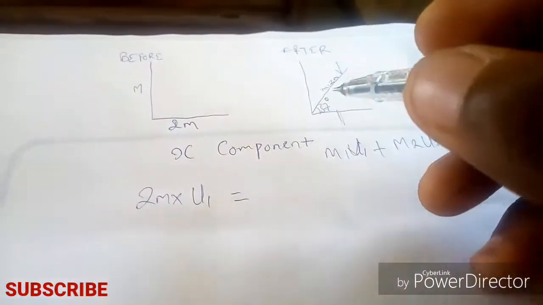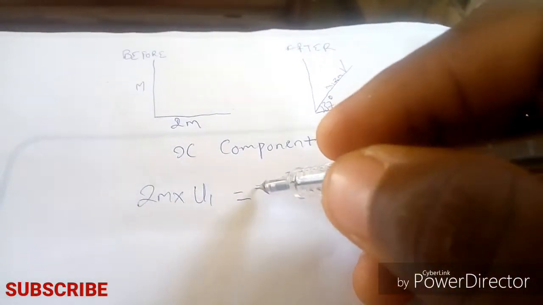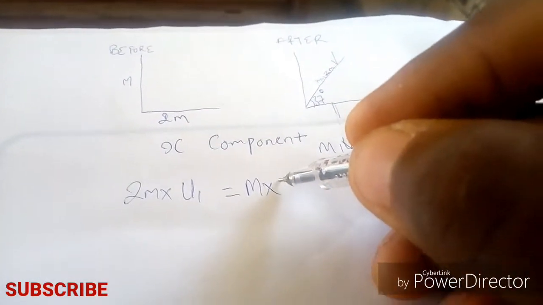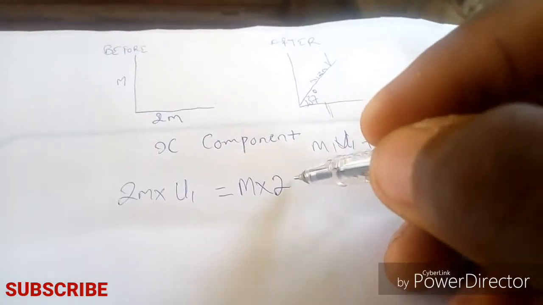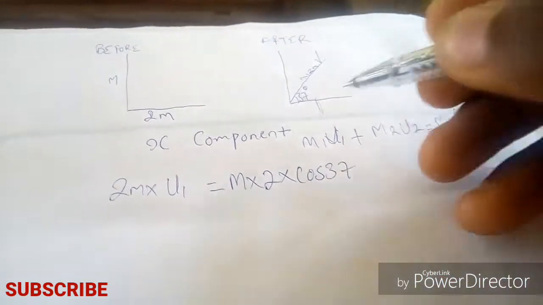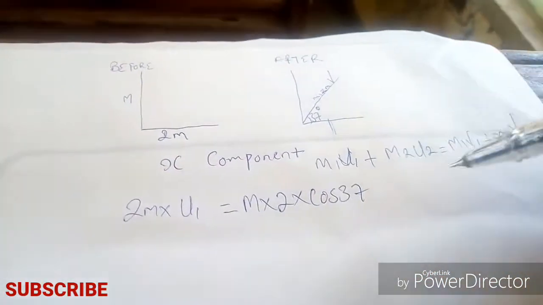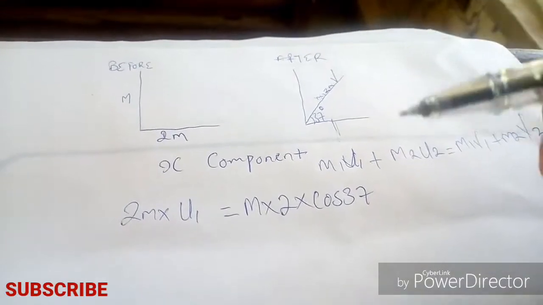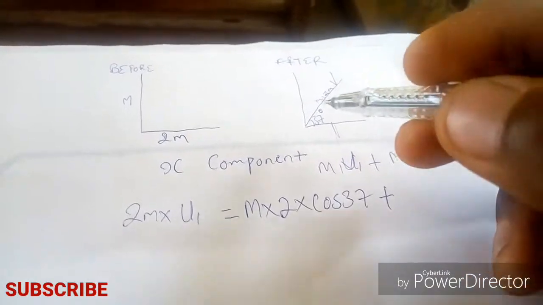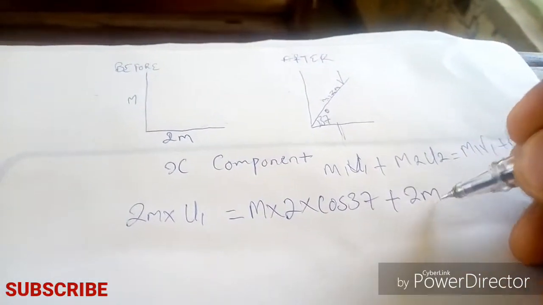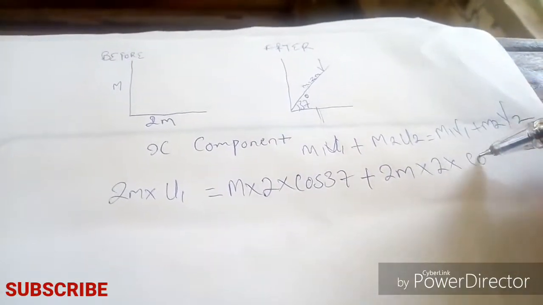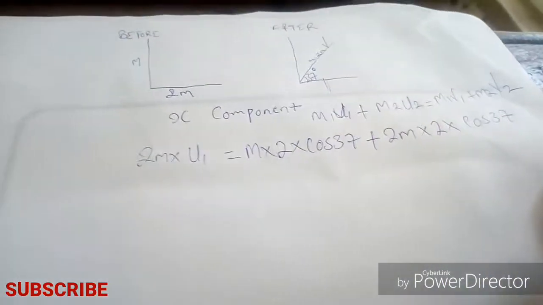So we say the first mass m times the speed v1 is equal to, with the 2 times cos 37, because I said adjacent over hypotenuse, which is equal to cos 37, plus m2, which is 2m, times the final velocity times cos 37.